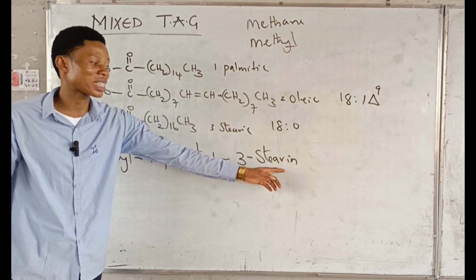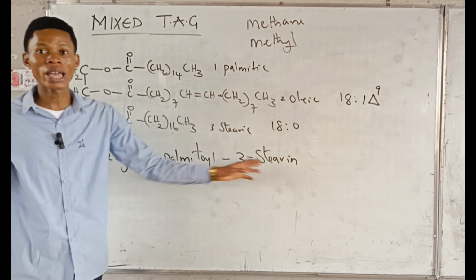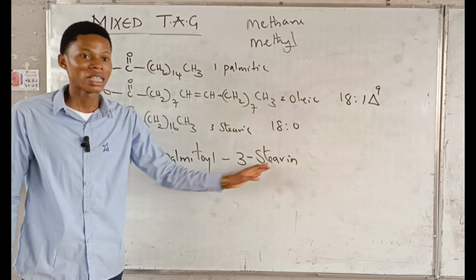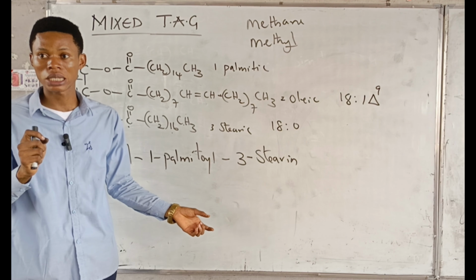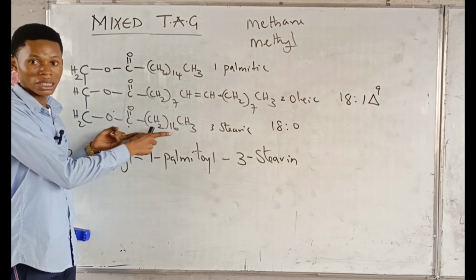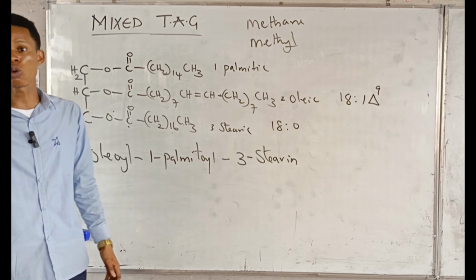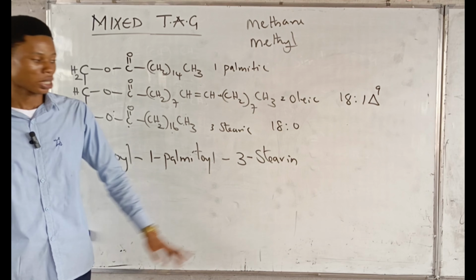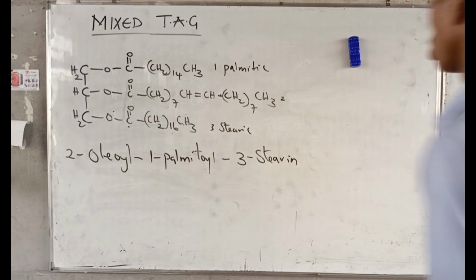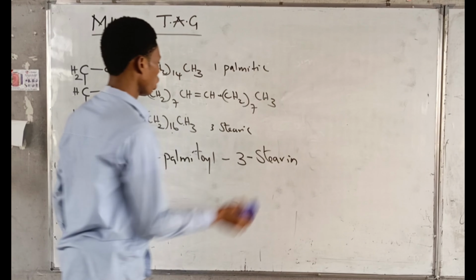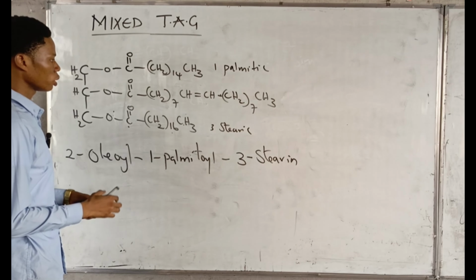That's why we are bringing stearin to the end. Anyone that comes to the end, that is the one we use as the parent. Not because it's on position 3, but because S is the last in the alphabet. O, P, Q, R, S. That's why this is here.